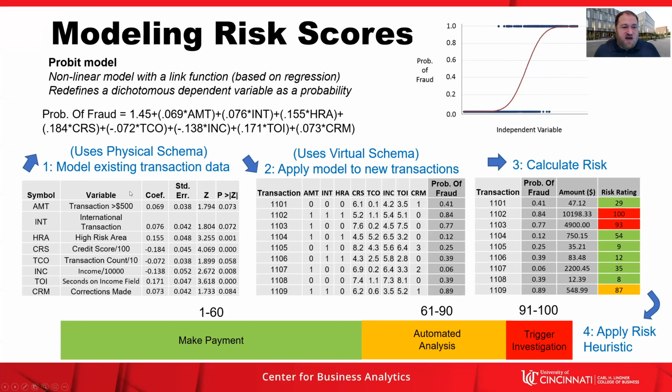So the first part of this step, again, is you would create some physical schema from existing data. You'd go back and look at those 8 criteria that the business user had said, the 8 variables that the business expert says are important and can be used to determine whether fraud occurs.